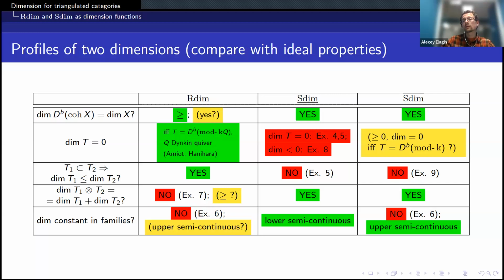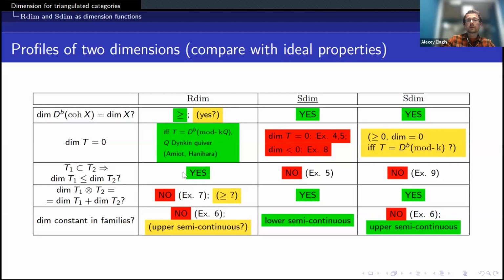For upper Serre dimension, we hope that still it should be non-negative, and we expect that it is 0 only in trivial cases like semi-simple categories. But this is only a conjecture. We do not know how to prove this, even in the case of derived categories of modules over finite-dimensional algebras.